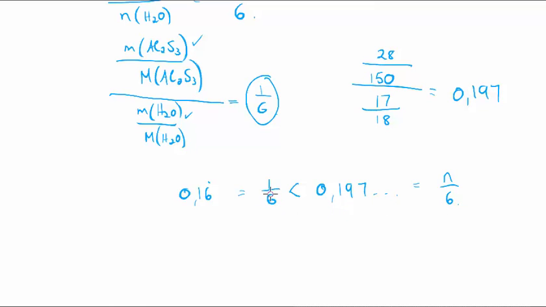If I want my denominator to be 6, I'm saying that I'm using 6 moles of water. I need 1 mole of aluminium sulfide. If I make my denominator the same on both sides, which numerator is the bigger numerator? It doesn't matter what this top is. Will the numerator be bigger or smaller than 1?